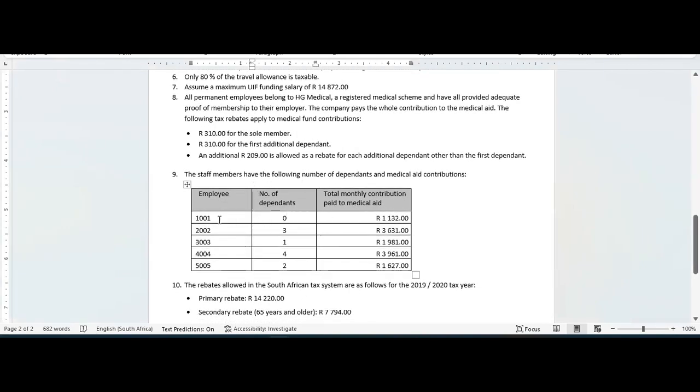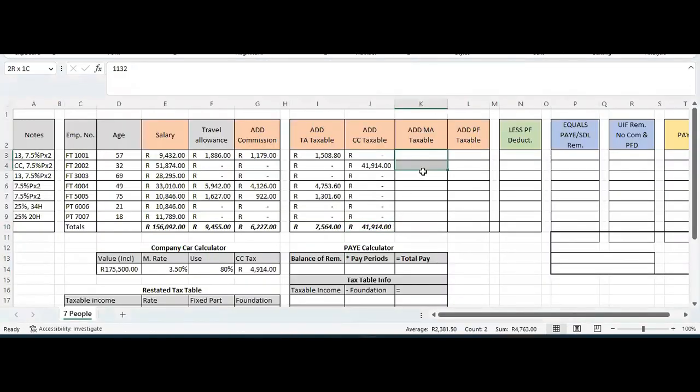They said to us, employee 101, he pays 1132, or the company on his behalf pays 1132 to the medical aid, and so forth. So we have all the amounts here, and so we simply go and we put that in our answer sheet. Remember, the 2 part-time employees do not belong to the medical aid, and like we did every other time, we total the column.